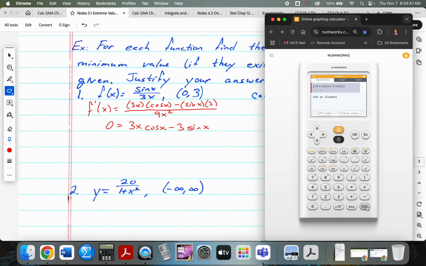Three x cosine x minus 3 sine x, yes? Should be doing radians.